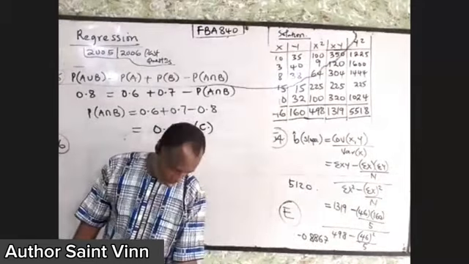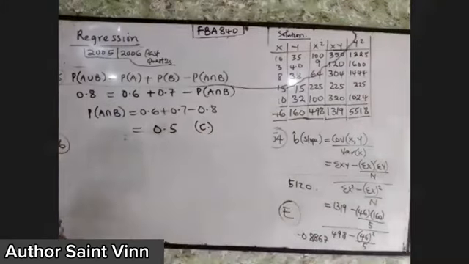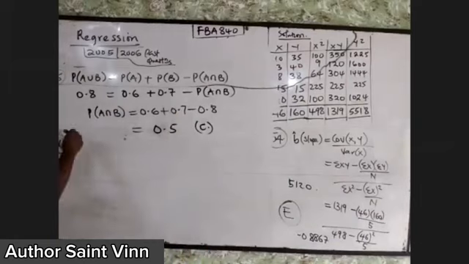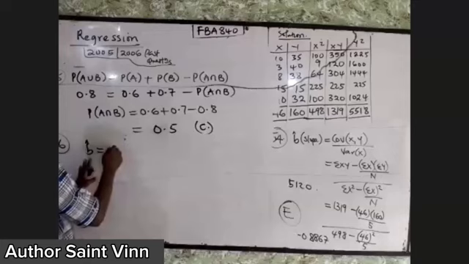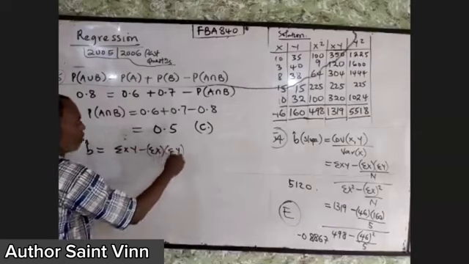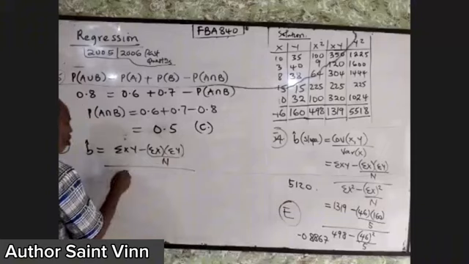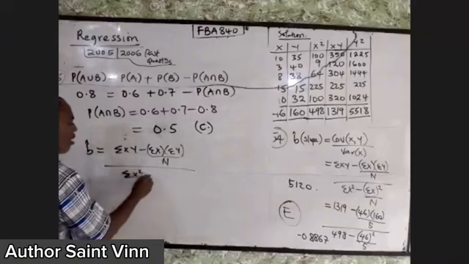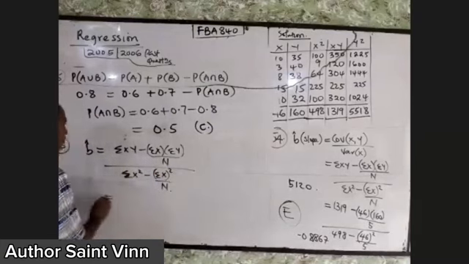That is our end, which is 6. So this is the slope: summation of xy minus summation of x times summation of y all over n, all over summation of x squared minus summation of x all squared over n.